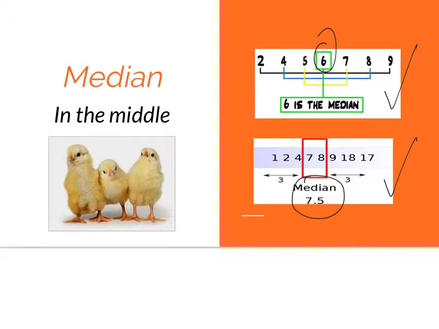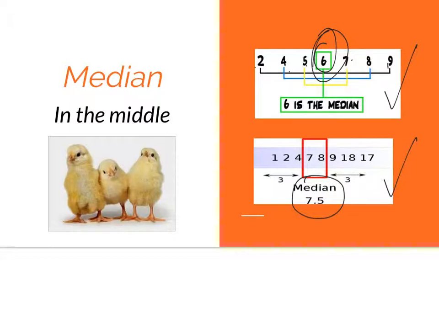Here, in this case, we have 1, 2, 3, 4, 5, 6, 7. We have 7 values, so it's an uneven number of scores, and 6 would be the median. Now, in the example below, these are the results of a survey.